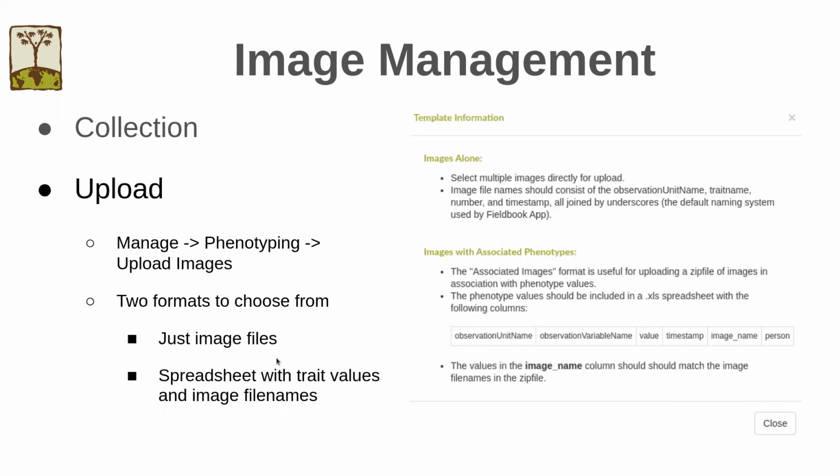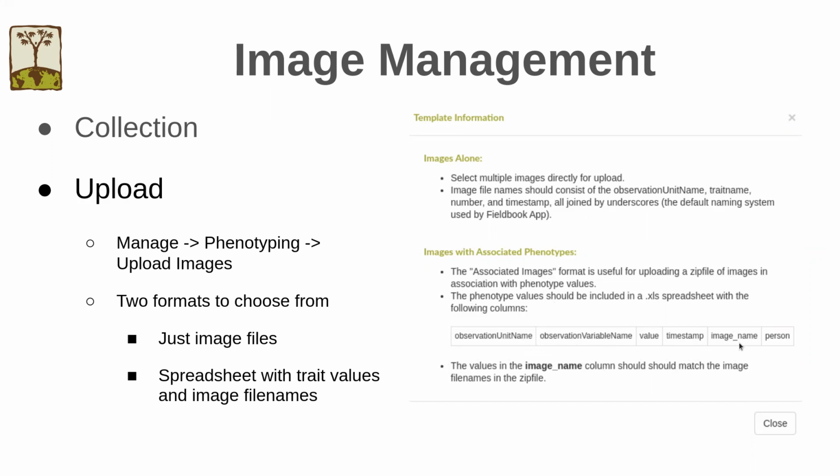It'll tell you a little bit about what I just told you for the file name structure if you're uploading images alone. If you're doing images with associated phenotypes, you'll need this header in a spreadsheet file, and then you will include rows of trait values, as well as the image name that's linked to that trait value.